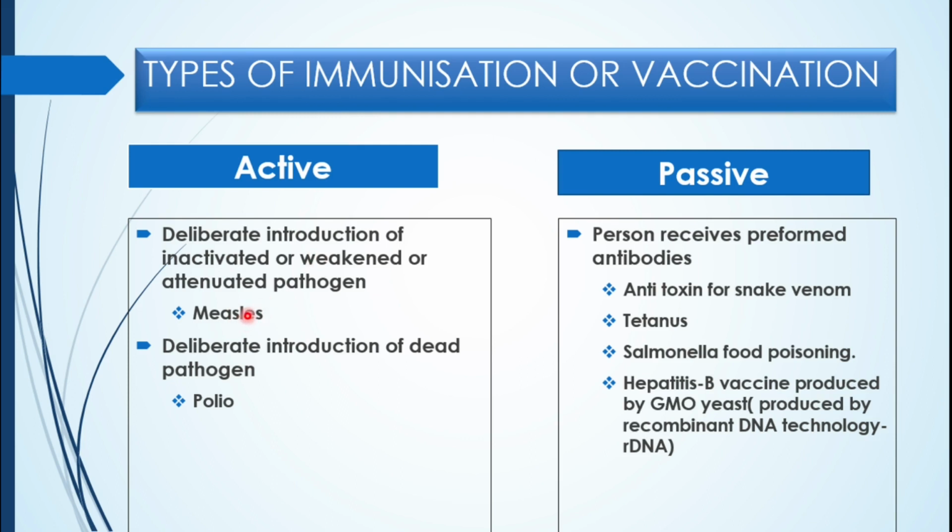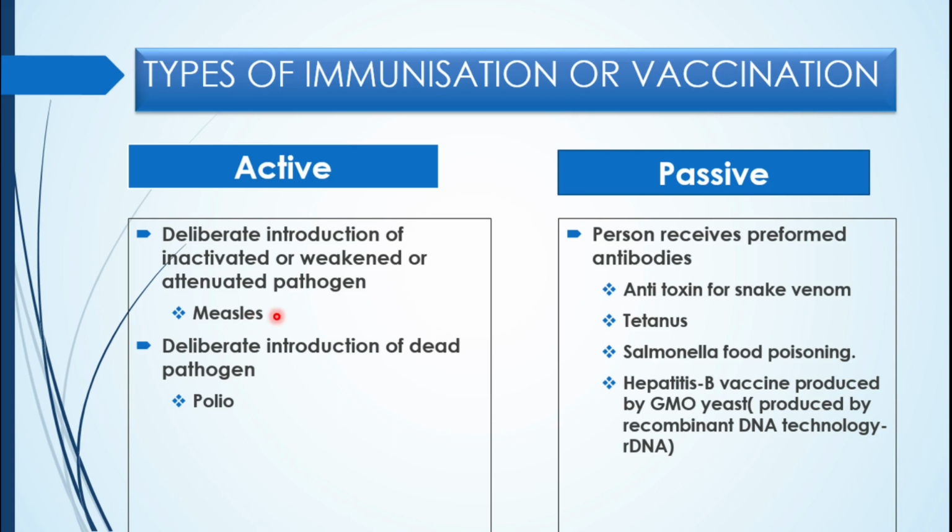You may have seen that when small children receive this injection, probably that day in the evening or next day, they develop a mild fever. Now, this is actually the primary immune response. So, your body's immune system is actually recognizing the measles antigen, and in turn it is developing a large amount of T cells and B cells.